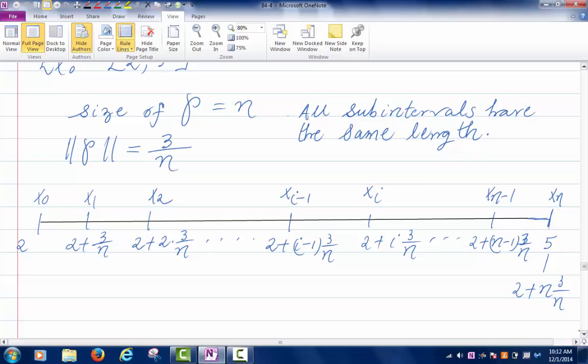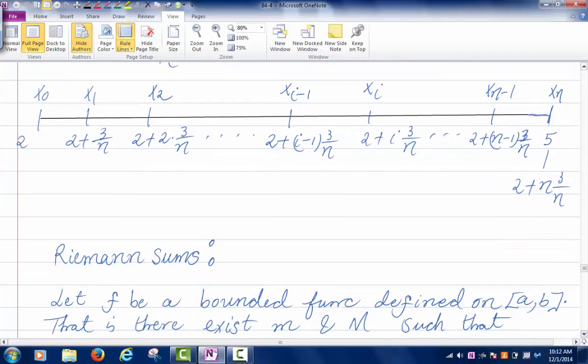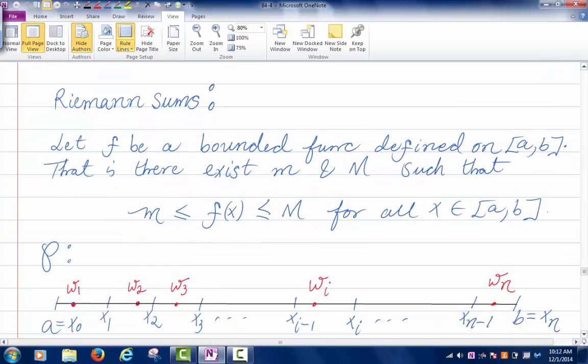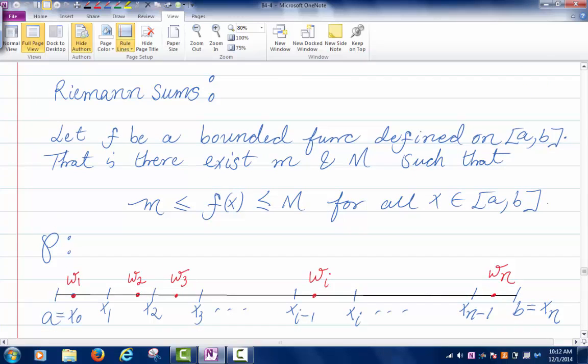So for the ith subinterval, the left-hand point is 2 plus i minus 1 times 3 over n, and the right-hand point is 2 plus i times 3 over n, and you get the last subinterval as well. That's how we came up with that partition. We defined Riemann sums after that.